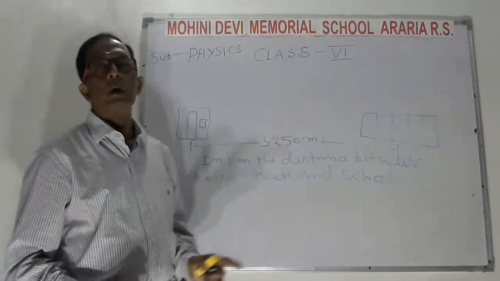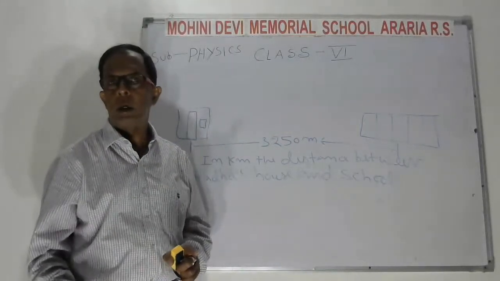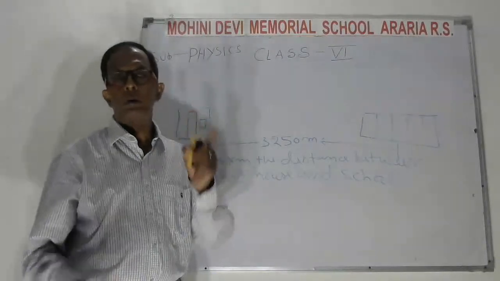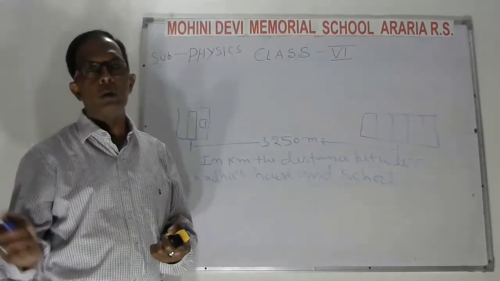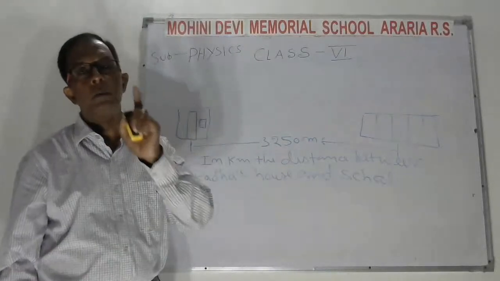Here, 3,250 meter is a smaller unit in respect of kilometer. You want to convert the smaller unit into a bigger unit, so you have to use the division method.